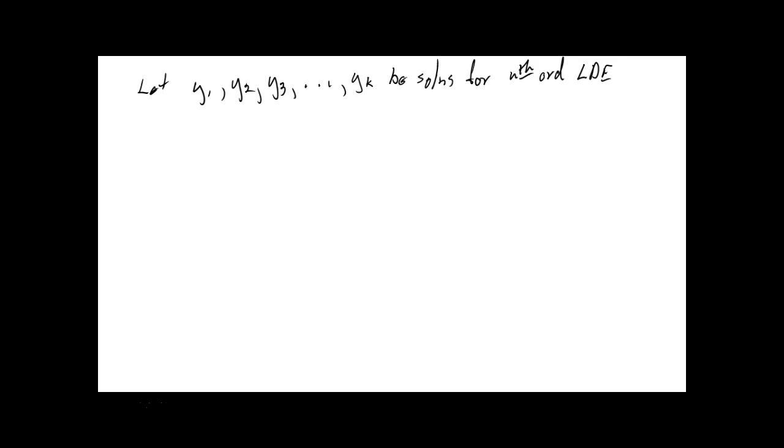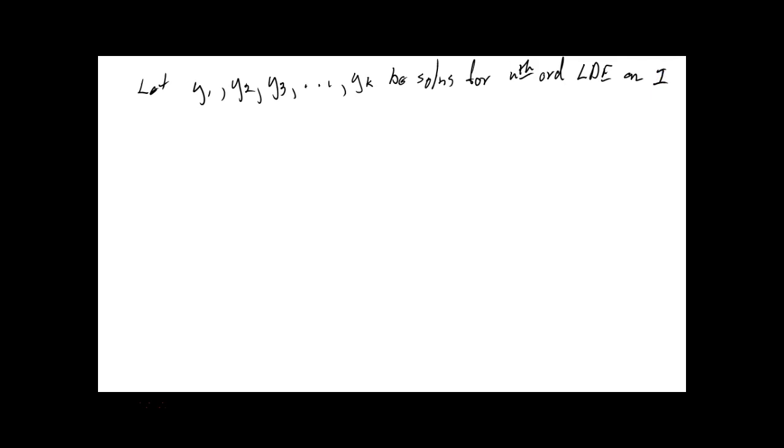A sub n of x d n y by dx to the nth plus, and you have all those terms there. This is just a short way of saying these are k solutions for that nth order linear differential equation on some interval I.